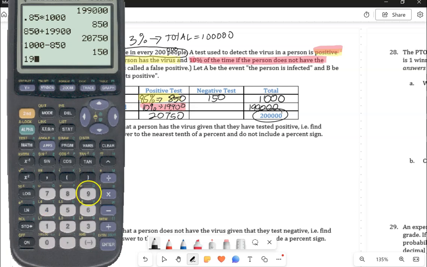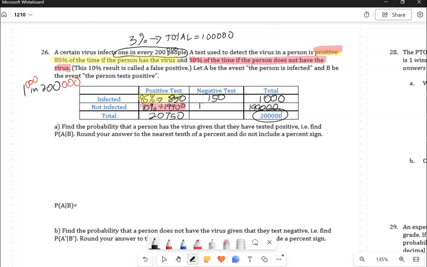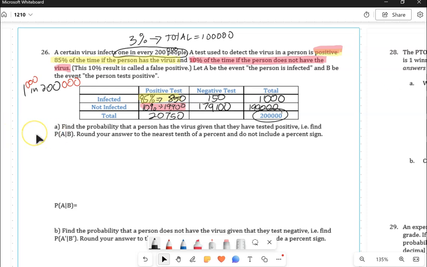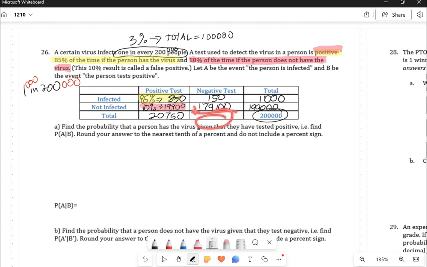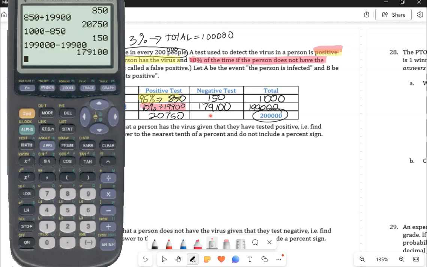And similarly, the 199,000 people minus the people that got the false positive result, most of them got a true negative result, 179,100. Okay, and then we can add those up to get the grand total there, 179,250.